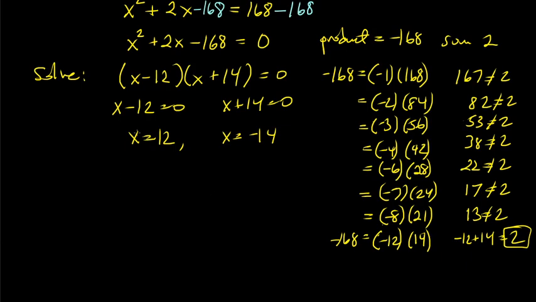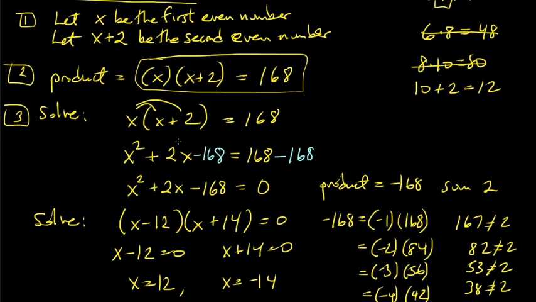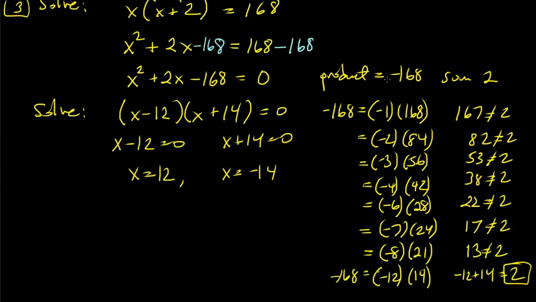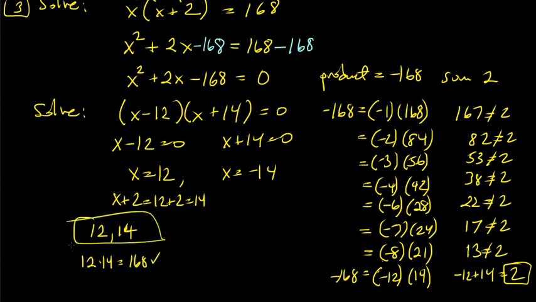If x is 12, remember that was our first number. The next number would be x plus 2, which is 12 plus 2, which is 14. So 12 and 14 are two consecutive even numbers, and 12 times 14 is 168. So that works. Now let's look at negative 14.